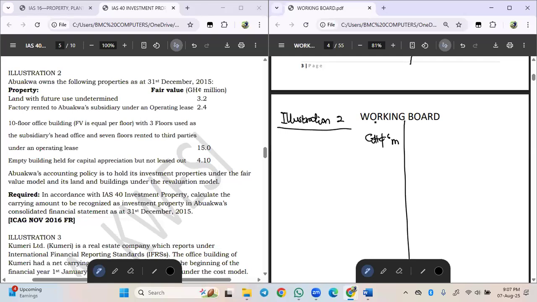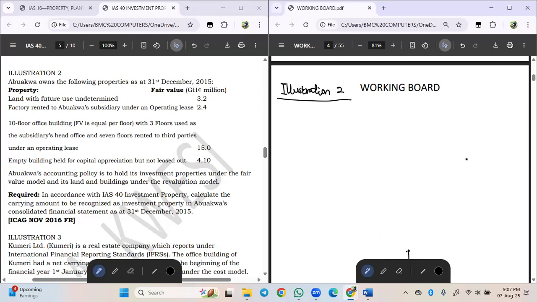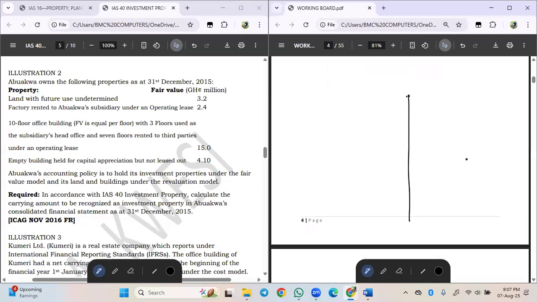Then we have an empty building held for capital appreciation but not leased out. Ibuakwa's accounting policy is to hold its investment properties under the fair value model and its land and building under the revaluation model. Required: in accordance with IAS 40 Investment Property, calculate the carrying amount to be recognized as investment property in Ibuakwa's consolidated financial statement as at 31st December 2015.